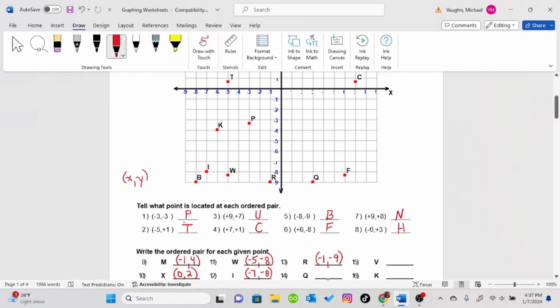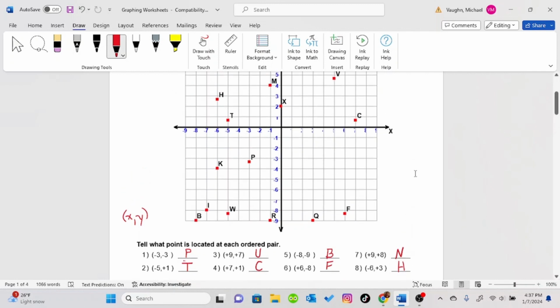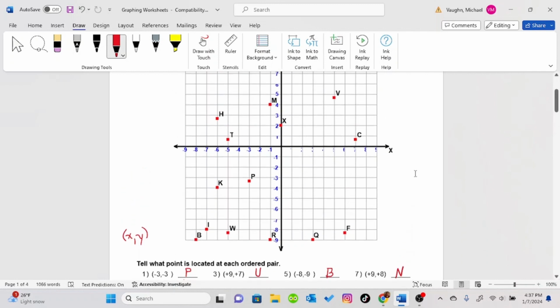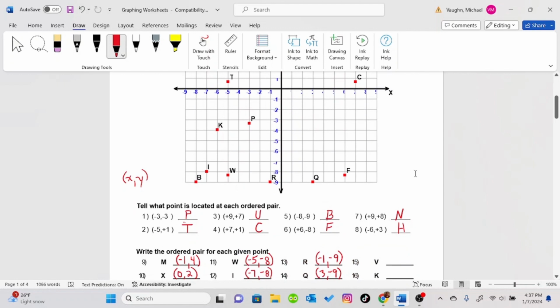Number 14 wants point Q. We can see that is where x equals 3 and y equals negative 9. Number 15 wants point V. We can see that's where x equals 5 and y equals 5.